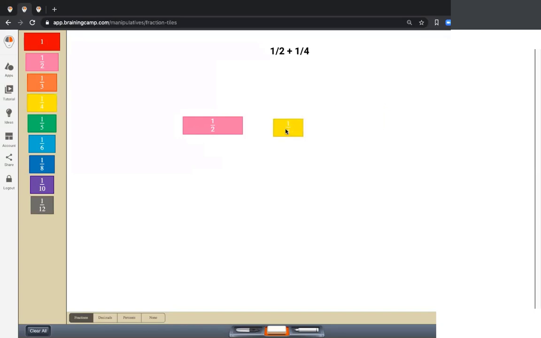And I have a 1/4. So as of now, these two fractional pieces do not have a common denominator. But what I can do is I can go over here and see if I could rename these two fraction pieces in terms of another denominator.